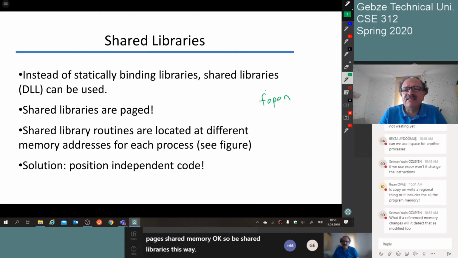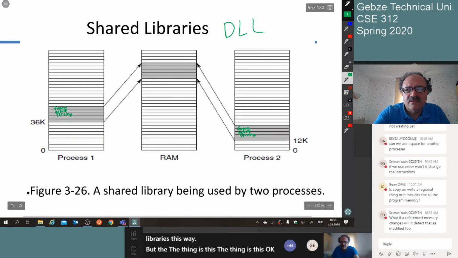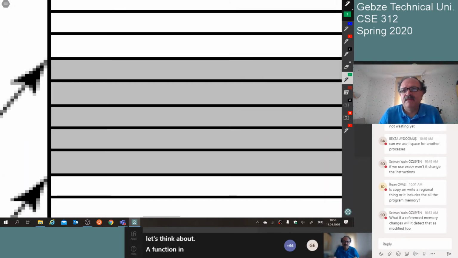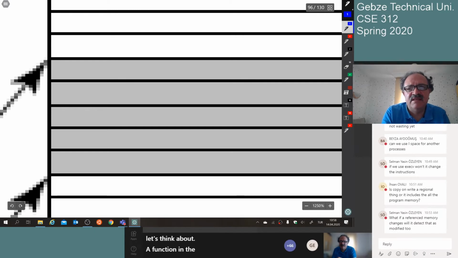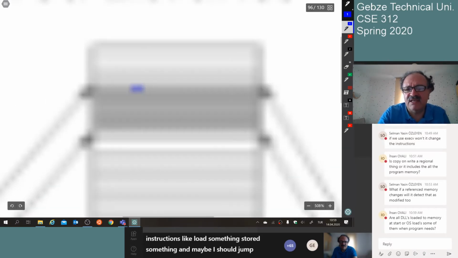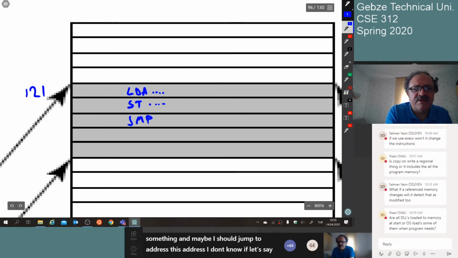But the thing is this. Let's think about a function in the shared space. Let's say I have instructions like load something, store something, and maybe I should jump to an address. Where is this address? I don't know. Let's say this address is 12k.